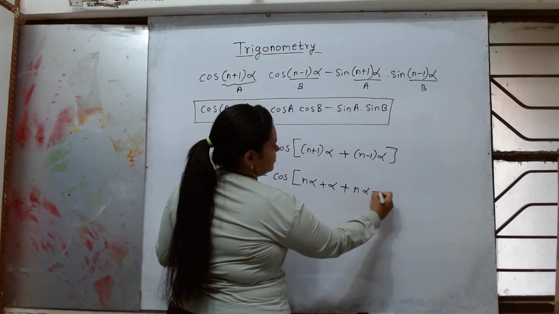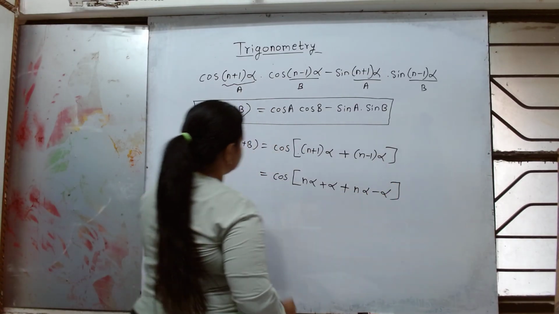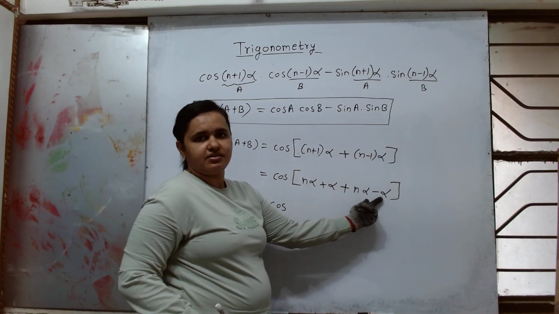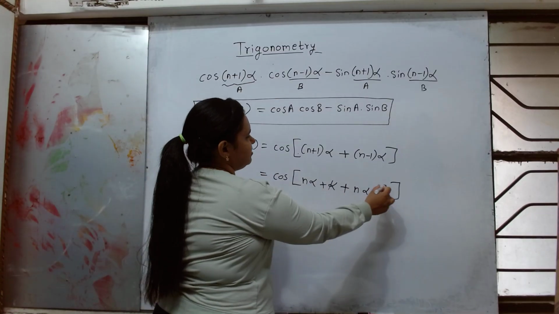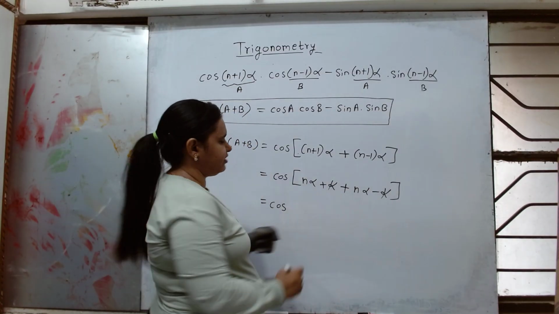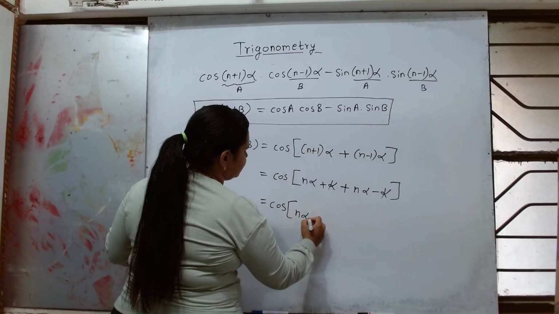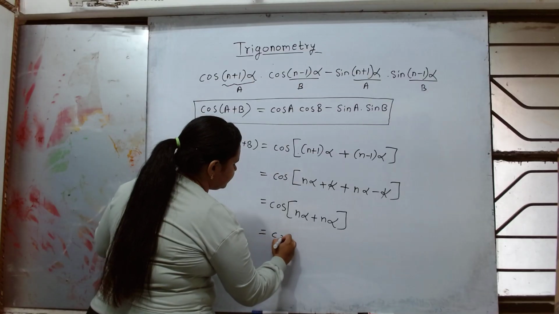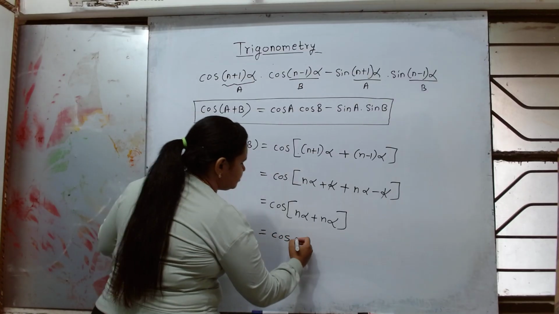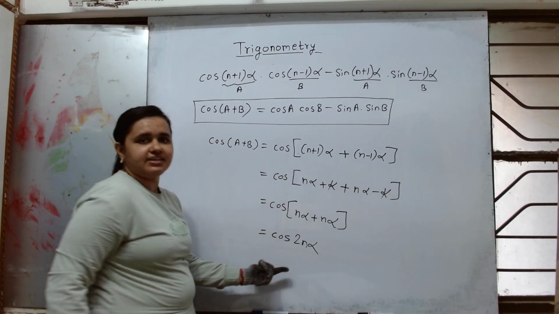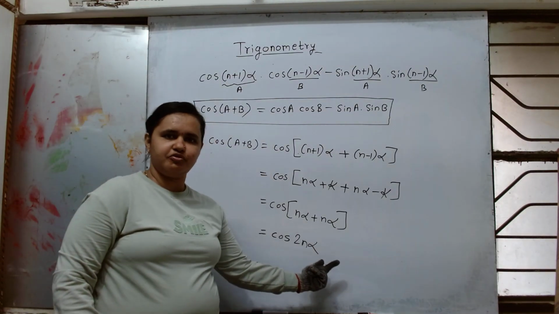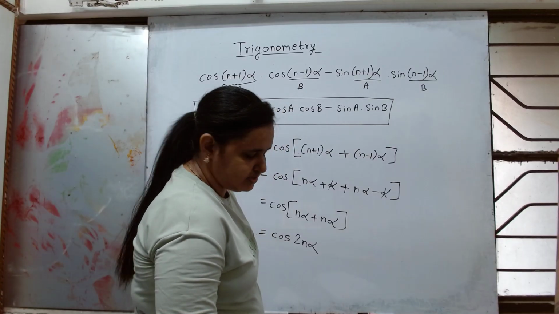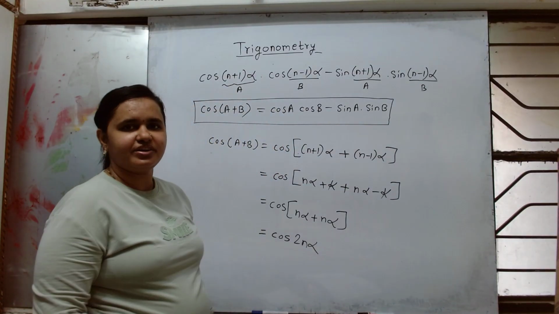Alpha minus alpha is 0, it will get cancelled. So nα plus nα is remaining, which is 2nα. So our answer is cos 2nα. Our option is the second one, cos 2nα.